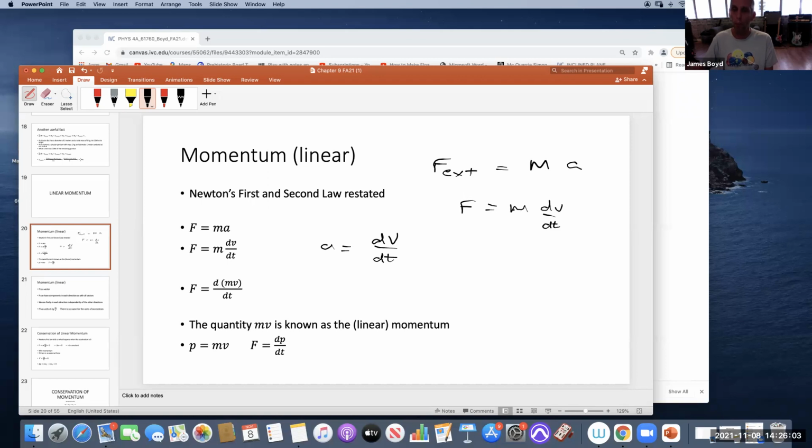Further, we can actually move this inside our derivative. And so when we do that, this becomes the big secret here. This is what Newton actually said in his second law, that when a force is applied to an object, its momentum changes.